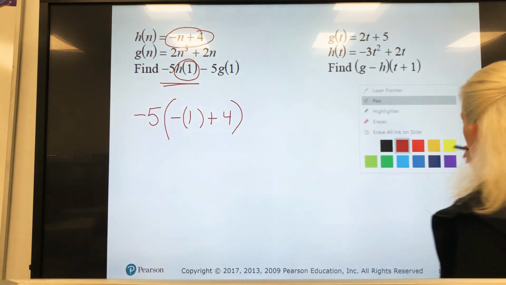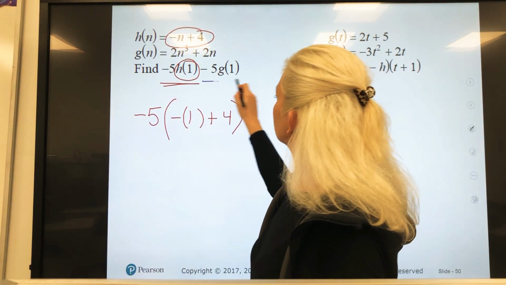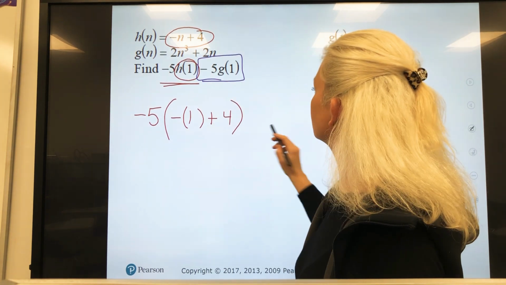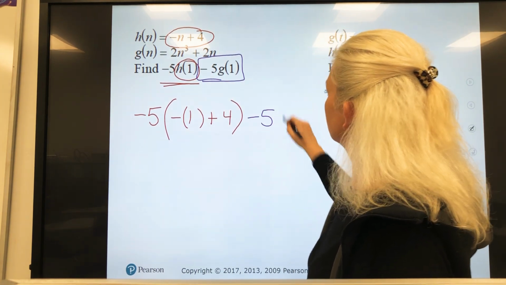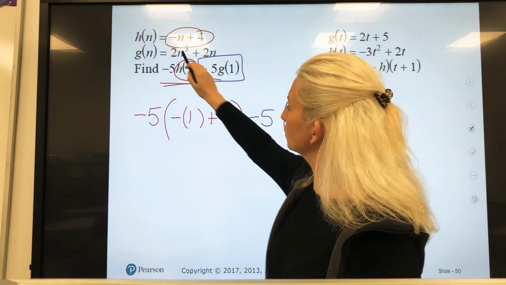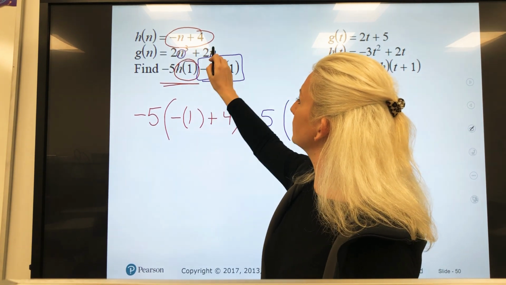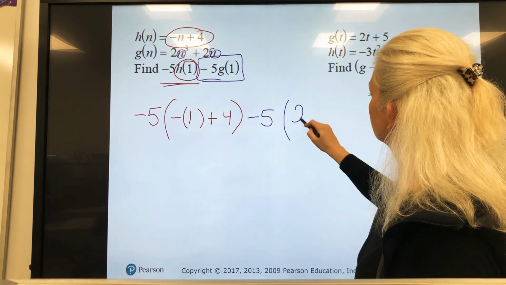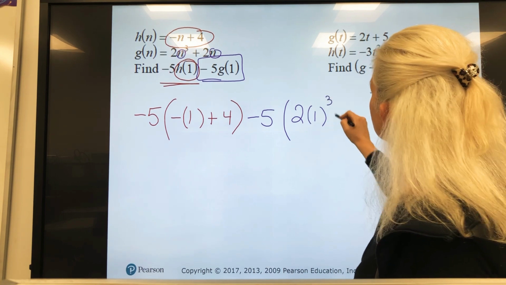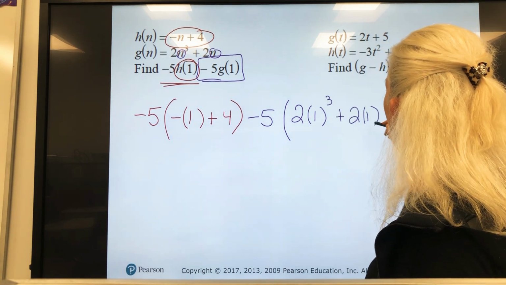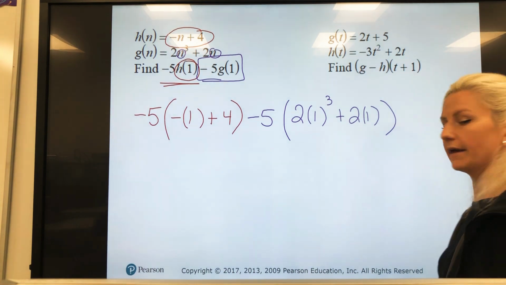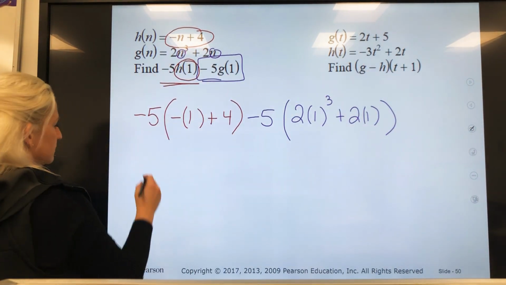I'll make the other piece a different color. Now I want to do negative 5 times g of 1. So it's negative 5 times, what's g of 1? That means I'm going to go over to the g function, and I'm going to put a 1 in there. 2 times 1 cubed plus 2 times 1. And then we just have to figure the rest out.